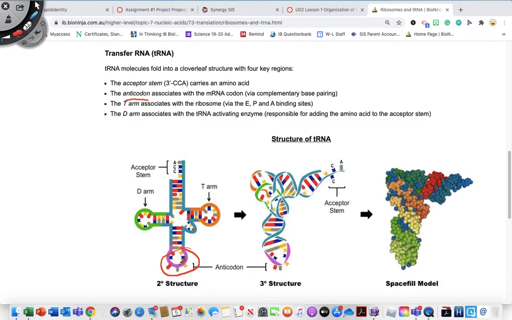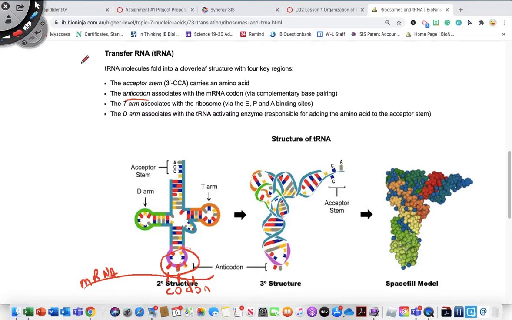And it's made up of 1, 2, 3 different bases. Now remember that these are the bases that are going to attach to the codon on mRNA. So remember that if this were mRNA, mRNA would be read as a triplet code that we otherwise call a codon. So the codon on mRNA pairs up with the anticodon on tRNA.